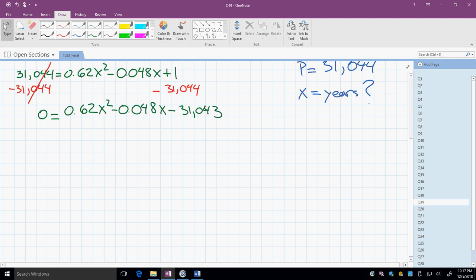There's no way you can factor it just by hand. So I like to label my variables. A is 0.62, B is negative 0.048, and C is negative 31,043.